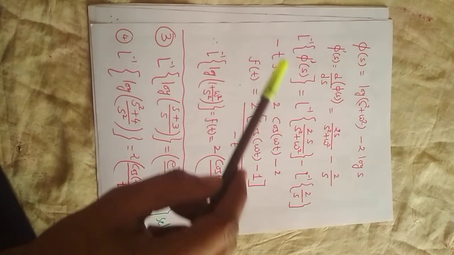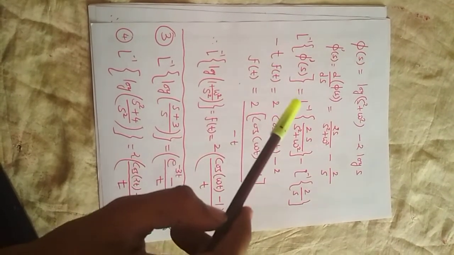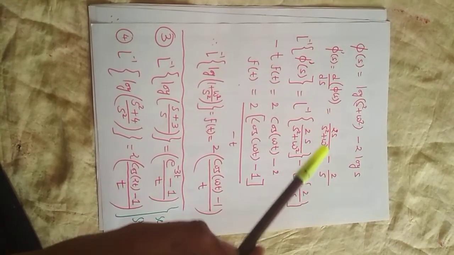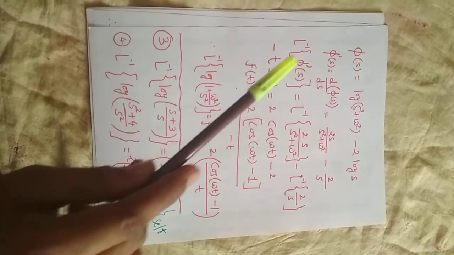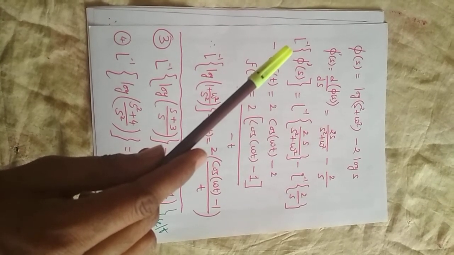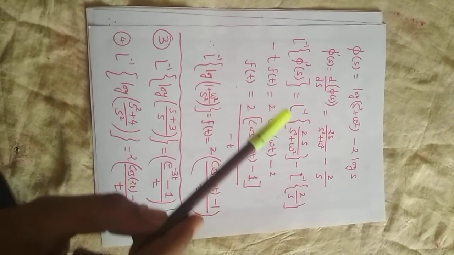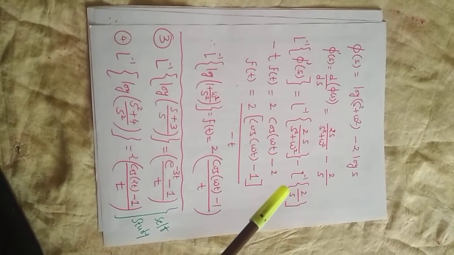Now we take the inverse Laplace of both sides. This part is the derivative of phi of s, and taking inverse Laplace on both sides, we get inverse Laplace of 2s upon (s square plus omega square) minus 2 by s.